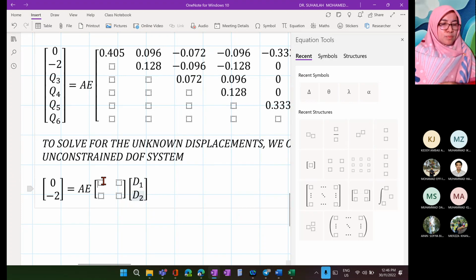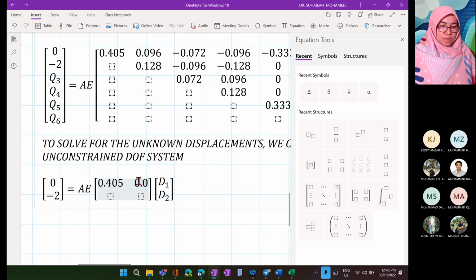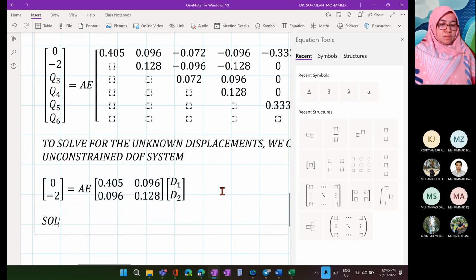And then we have 0.405, 0.096, 0.096, and 0.128. Okay, so solve this.